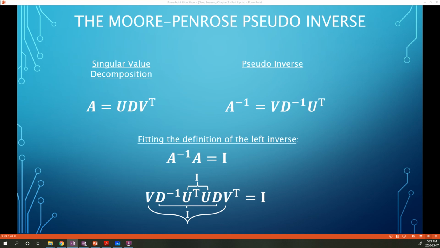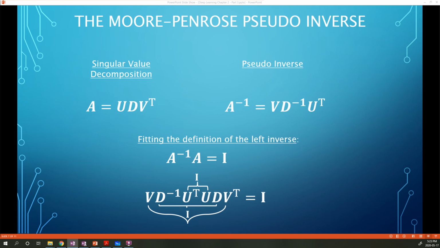The reason for that is because our V matrix is orthogonal, so its inverse is its transpose. Since it was already transposed, we're taking the transpose once again, and it just becomes V. Our D matrix is square, so it's straightforward to take the inverse.